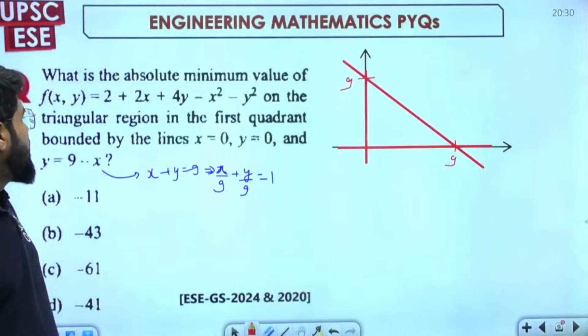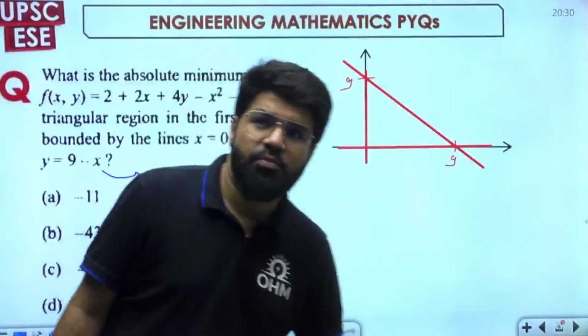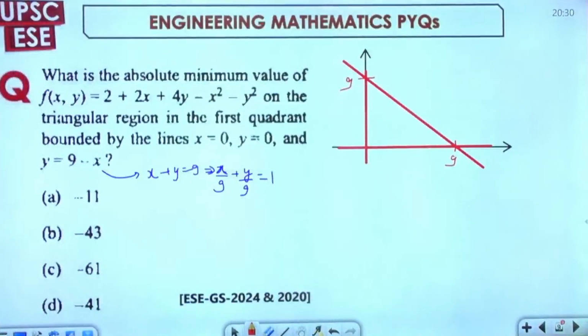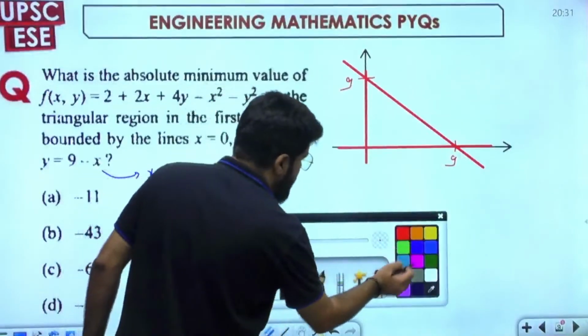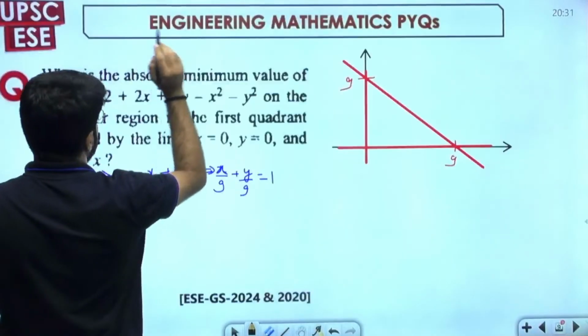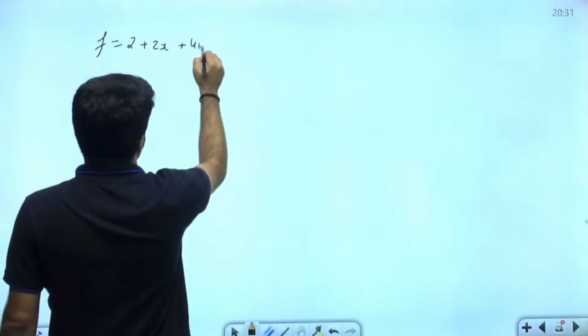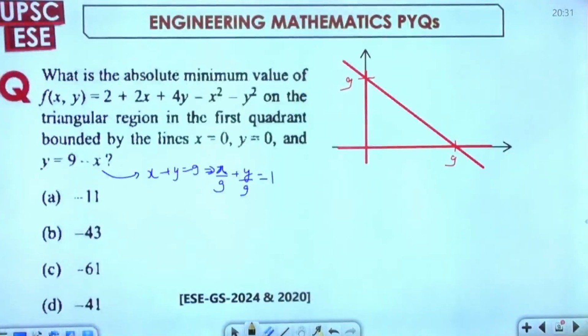Now, in the first quadrant bounded by these lines, let's find out the stationary points. Which of the stationary points is inside this first quadrant, inside this region or not? So what I will do is, let me start the calculation. F is given to me. Let me rewrite: 2 plus 2x plus 4y minus x square minus y square.